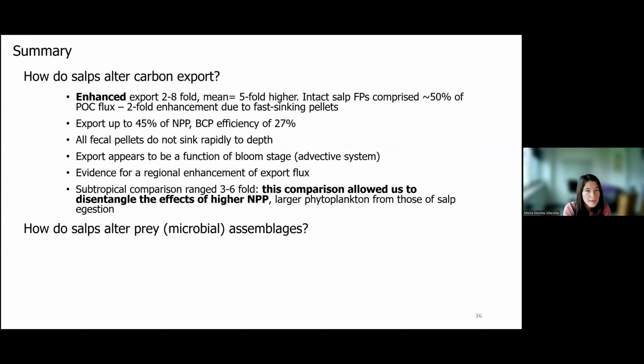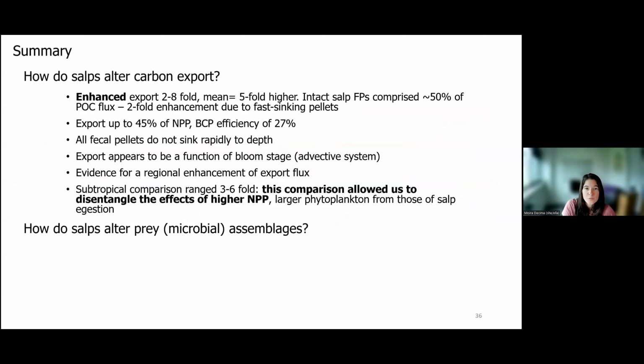And so to summarize, how do Salps alter carbon export? They enhance it by a lot, 2 to 8-fold, on average about 5-fold higher, but definitely twice as high if you take our most conservative estimate of just the fecal pellets and the sediment traps. They export up to 45% of net primary production and lead to BCP efficiencies of 27%, which we saw on that graph.